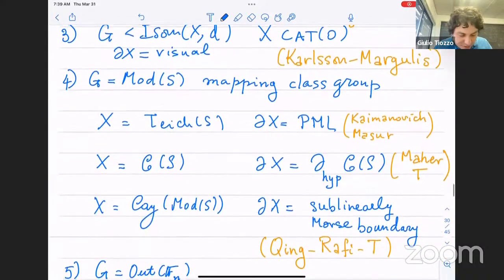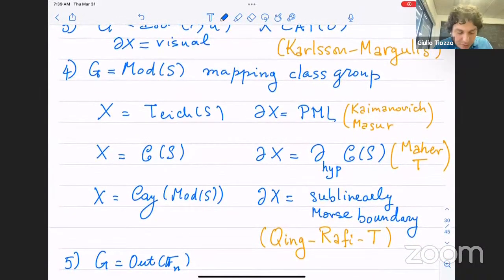Now let's look at maybe our favorite example, which would be the mapping class group. So the mapping class group has many actions. And so for different actions, you get potentially different boundaries, even though, of course, in the end, as a G-space, as a space with a measure and a group action, they must be equivalent because the Poisson boundary just depends on the group and on the measure.